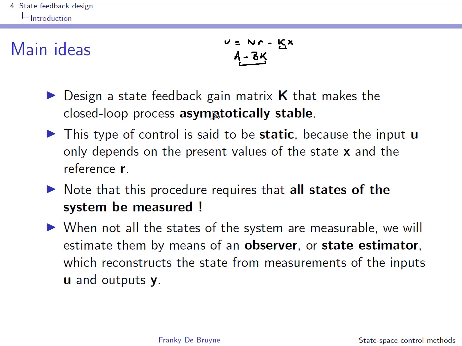Stability has to do with this feedback part. We'll see later on that this feed forward part can be used to make sure that you have a zero steady state error.